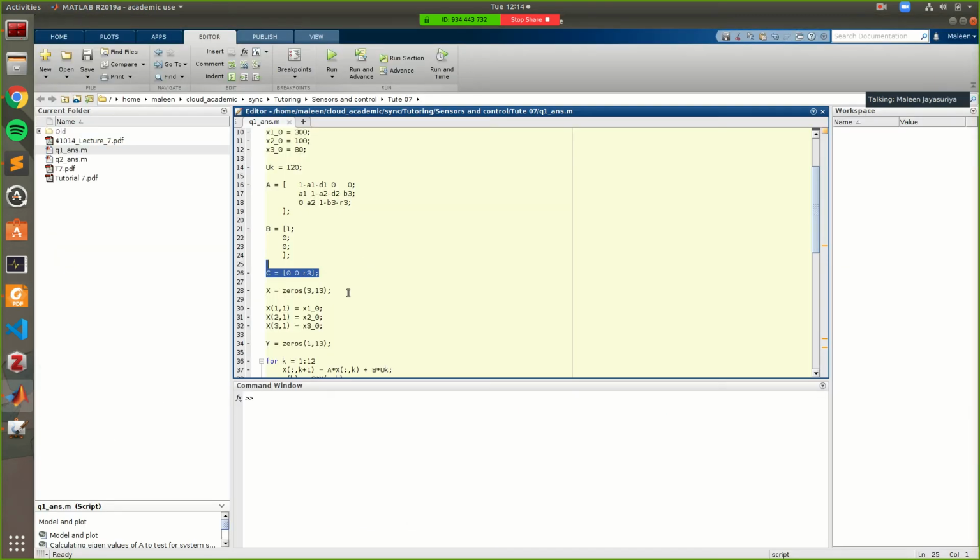So I'm first going to define an empty matrix to record what is happening over the months, right? So I just do a simple zeros, and since there are 3 states, I'm going to put 3 columns, and I'm going to put 13 rows because we are going from 0 to 12, right? So there's actually 13 elements there.